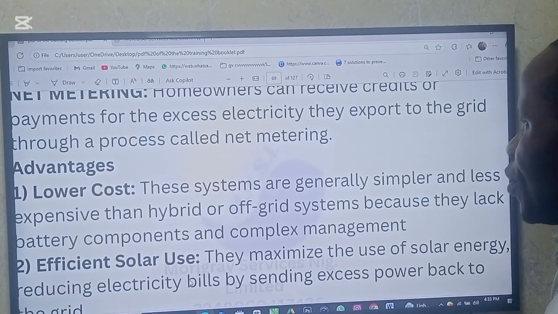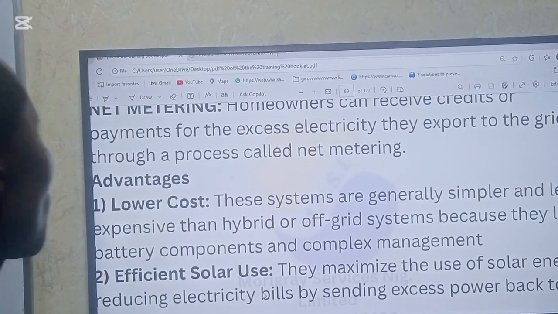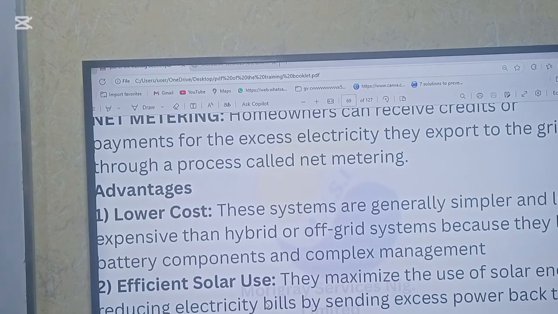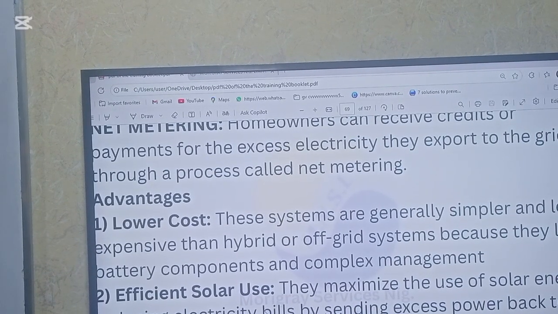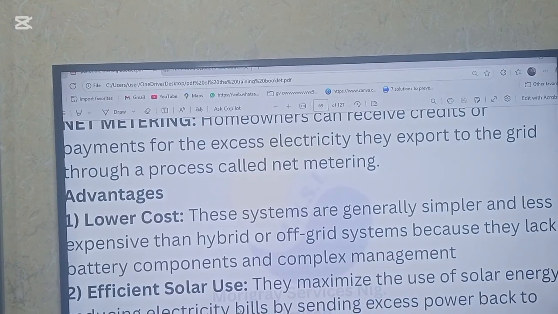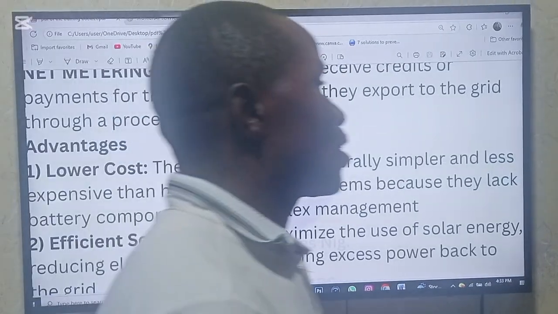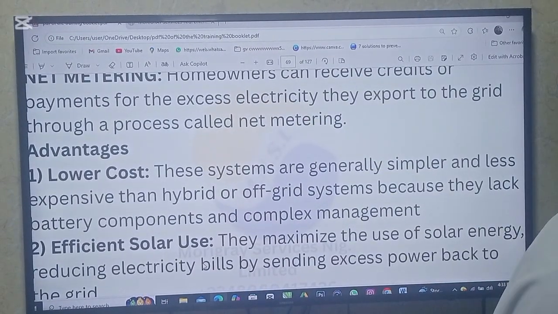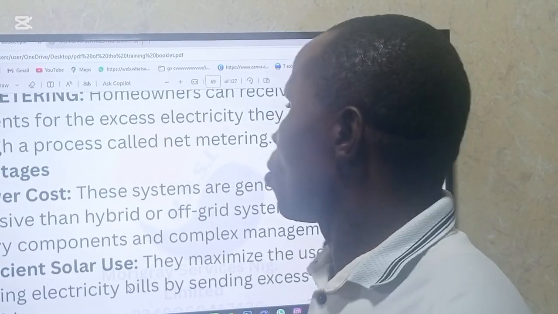Net metering policy: homeowners can receive credit or payment for the excess electricity they export to the grid through a process called net metering. That is one of the advantages you will harness from a grid-tied system in your home.